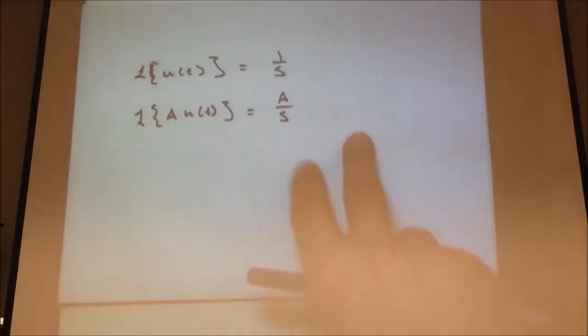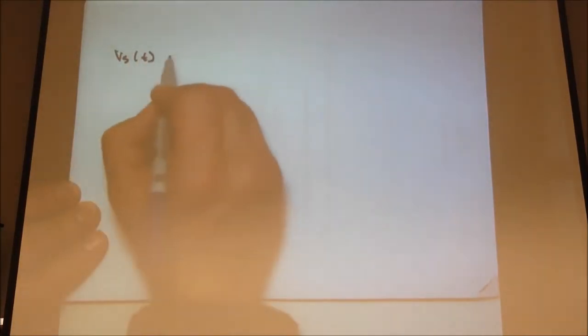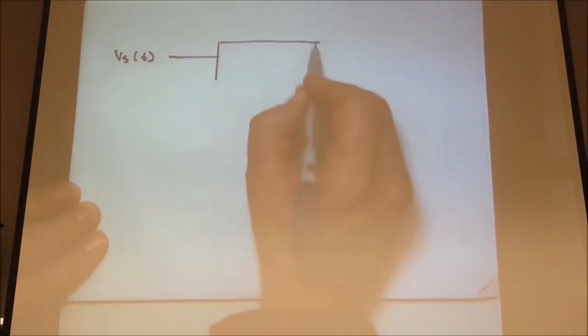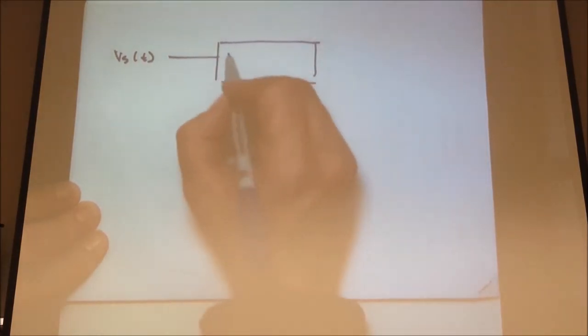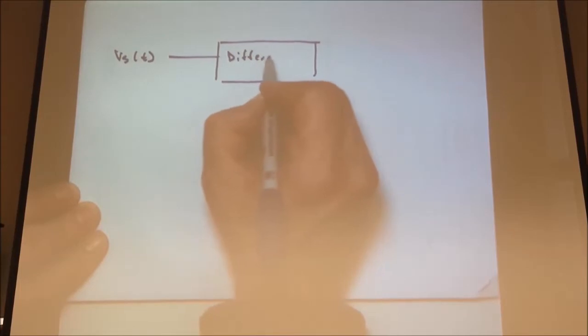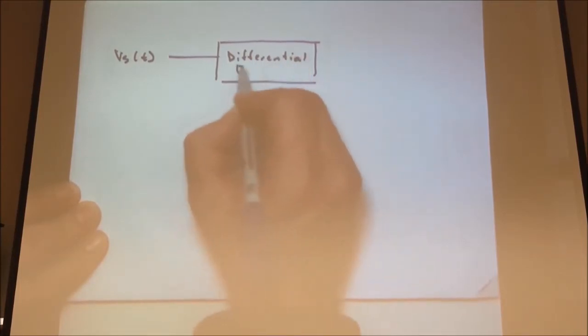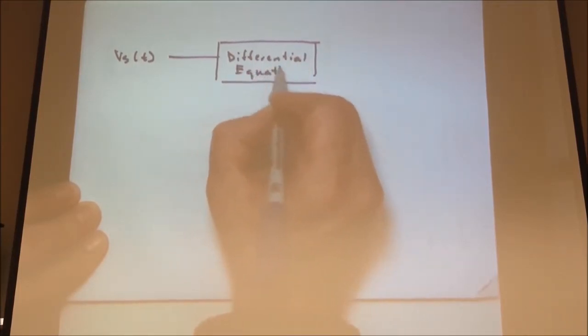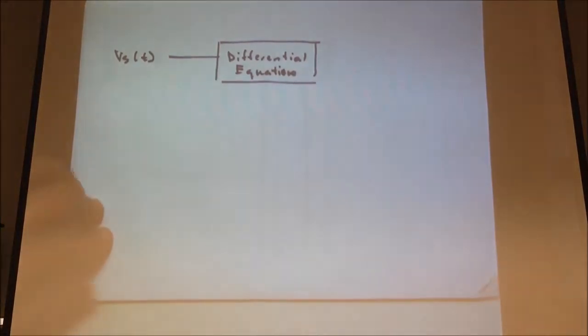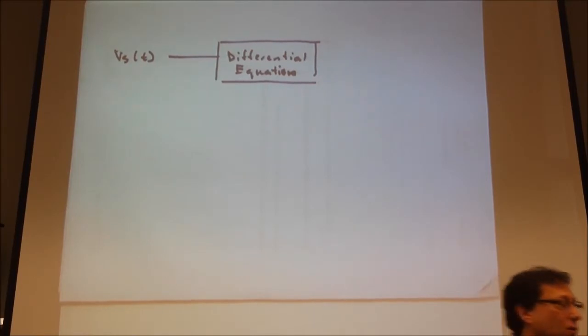So, how does that help us? Well, if we think about what's going on right now, what we're doing is we're having an input, some source, the source of t, and we're driving that into a circuit, and then we're getting a differential equation, and from here we're going through all the alpha, omega naught squared stuff, finding the initial conditions, all that stuff that you've just done on homework 5.